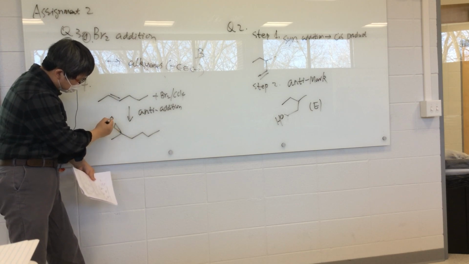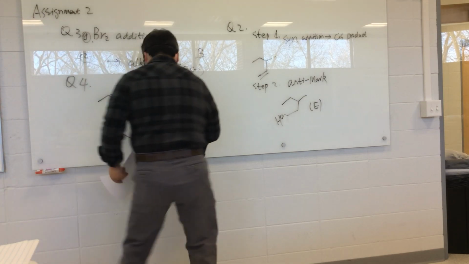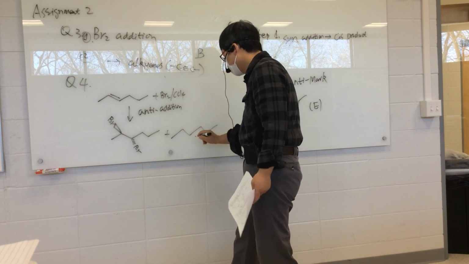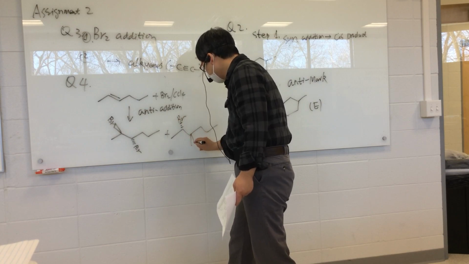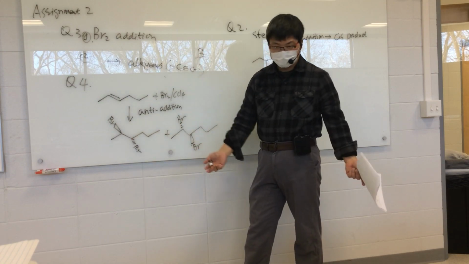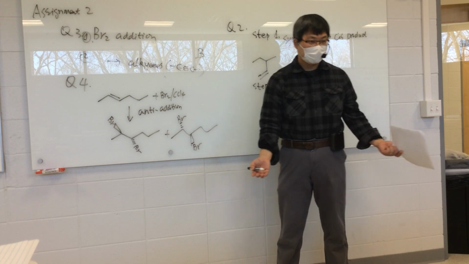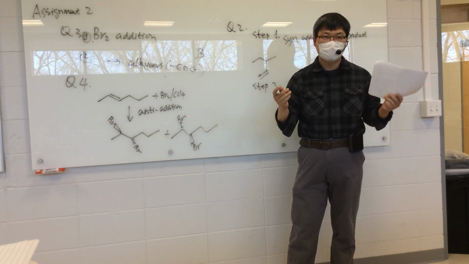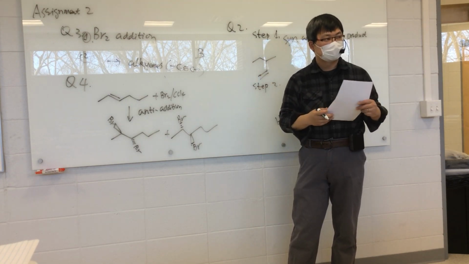One bromine is here, then the other bromine should be like that, or the other way, or bromine is here and this bromine is here. These two groups stay as trans, and these two added bromines should be trans too. Why? Because they're too big, and because of the reaction mechanism, they need to stay away from each other.